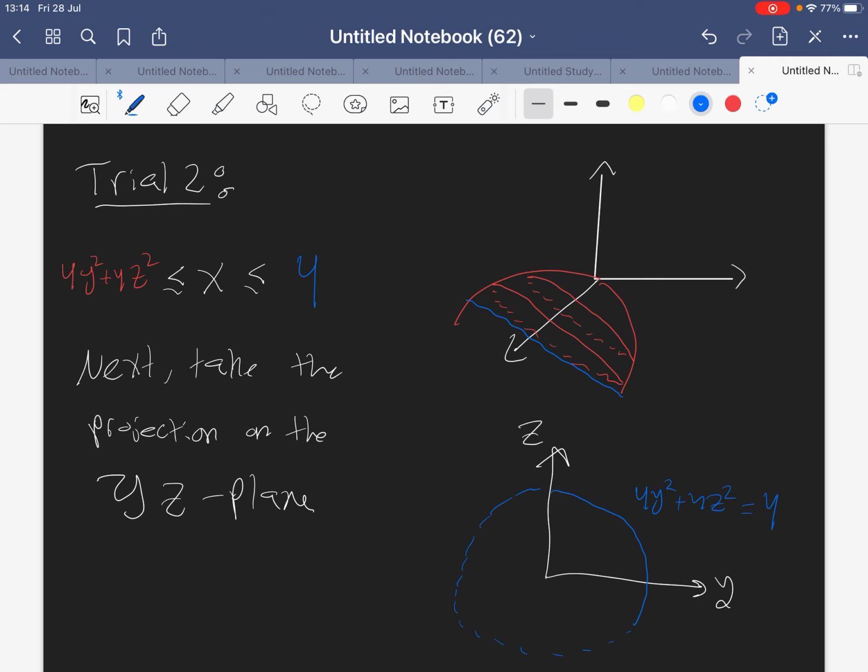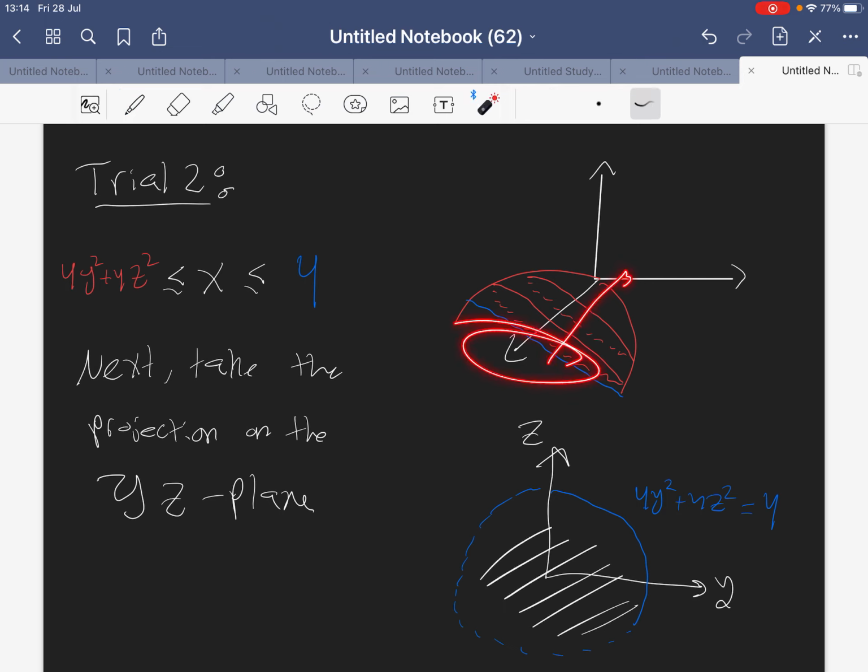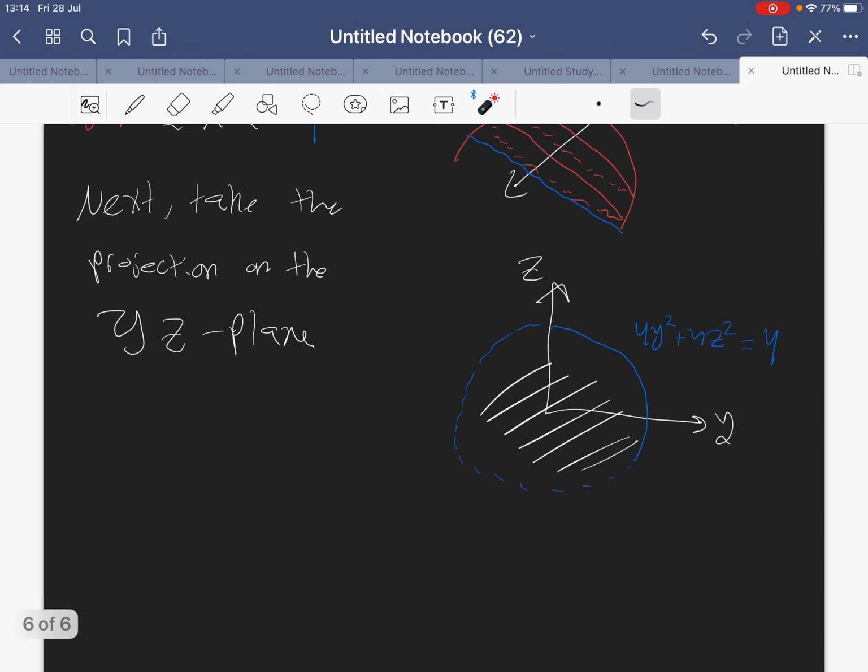Of course, that's not the circle as an empty circle. It will be also whatever inside it. So it is the complete circle. That's if we take the projection of this one inside this plane. Of course, this is now very easy to find the bound because if we look here, we can just again do the same thing as we did before.